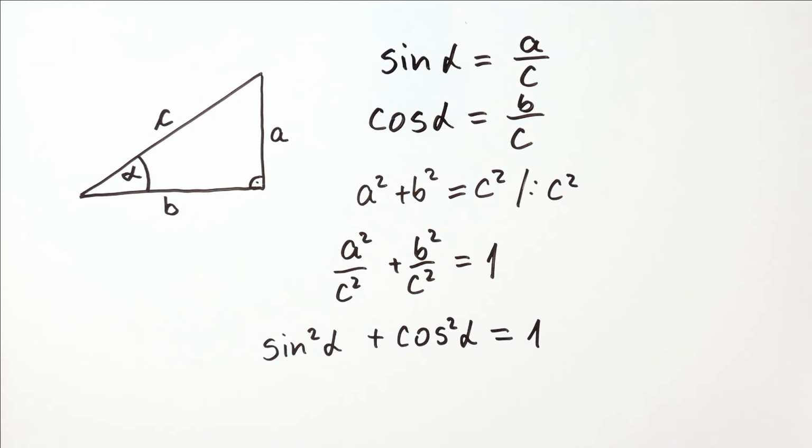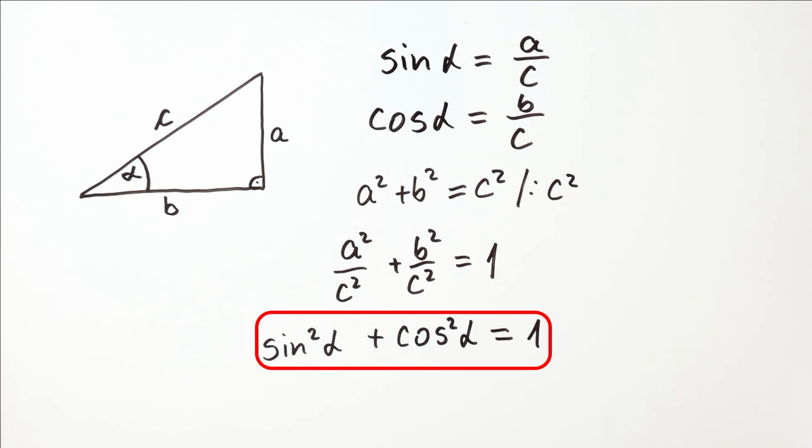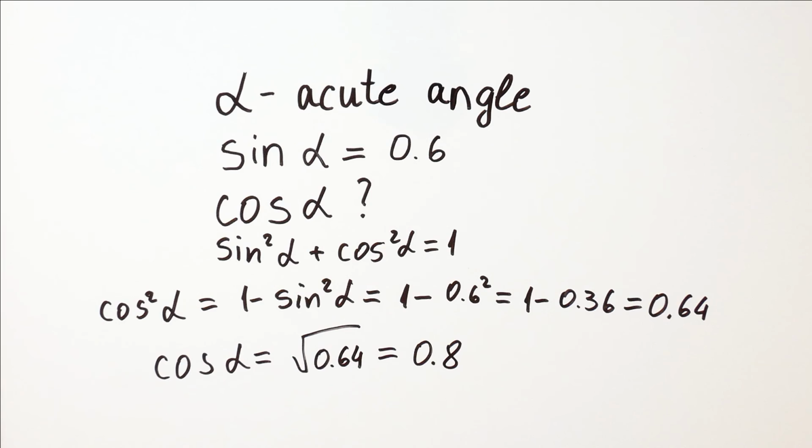Using the Pythagorean theorem, a squared plus b squared is equal to c squared, and dividing both sides by c squared, we get that the sine squared of alpha plus the cosine squared of alpha is equal to 1. Finally, from there we calculated that in our initial problem the cosine of alpha was 0.8.